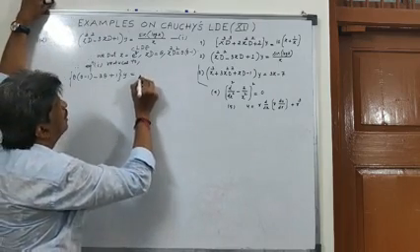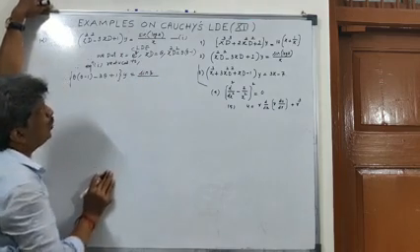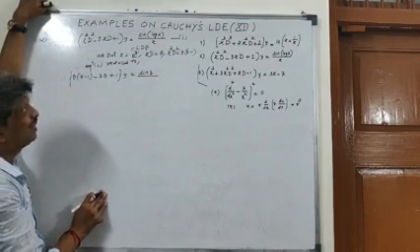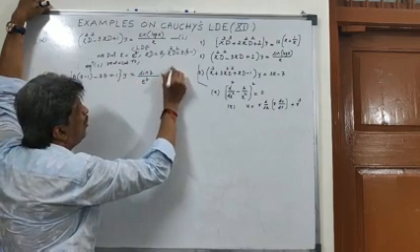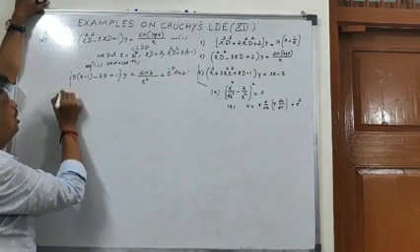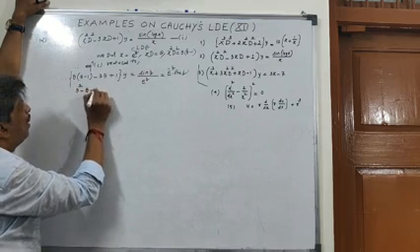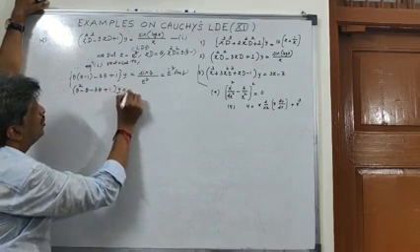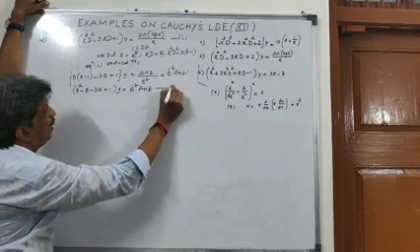Therefore, log of x is z, sine of z. And what is 1 by x? 1 by x is e raised to power minus z. So it is e raised to power minus z into sin z. Which on simplification, theta square minus theta minus 3 theta plus 1 times y is equal to e raised to power minus z sin z.